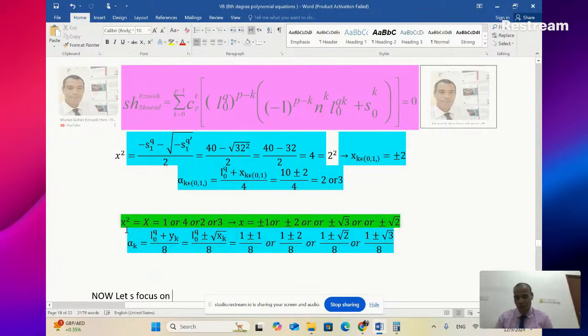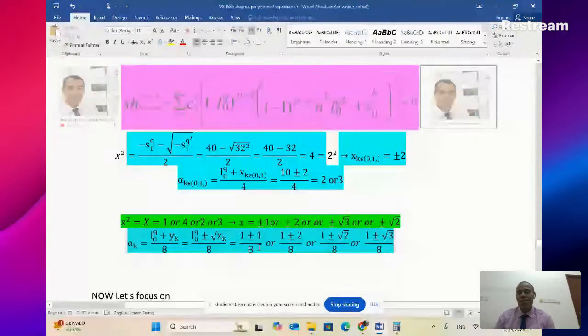Now the roots of my eighth degree polynomial equation that I started with are 1 plus negative 1 divided by 8, or 1 plus negative 2 divided by 8, or 1 plus negative root of 2 divided by 8, or 1 plus negative root of 3 divided by 8.